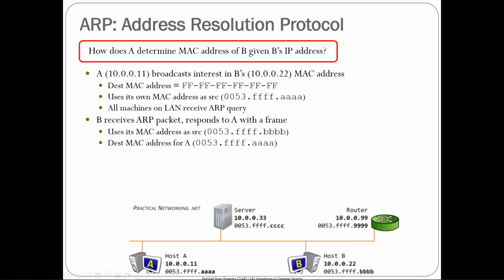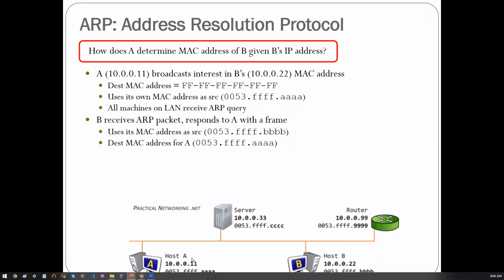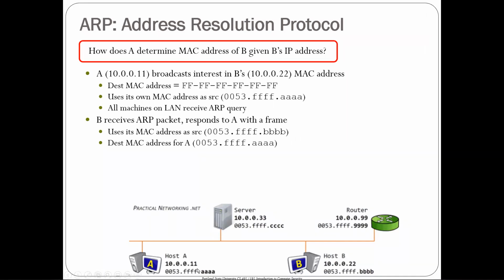So we said earlier that hardware addresses are the way we can transmit at the physical layer to and from point to point. So you have these two hosts with two IP addresses, and they have distinct hardware addresses. The ARP resolution protocol allows A to ask for the hardware address of B if A knows B's IP address.